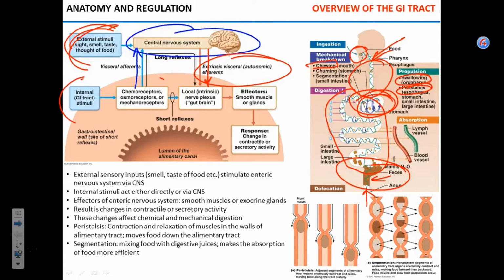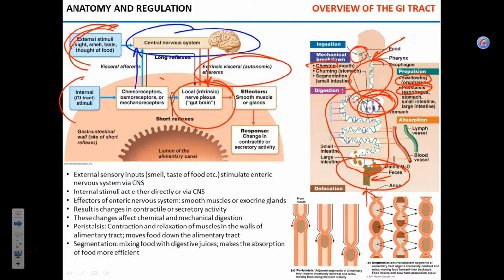So a large part of the reflex regulation of the intestinal activities is controlled by the so-called gut brain, or enteric nervous system, it's called sometimes. Essentially, those are nerve plexuses that can be found in the walls of the intestine.